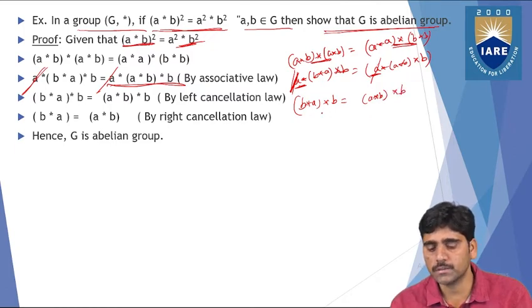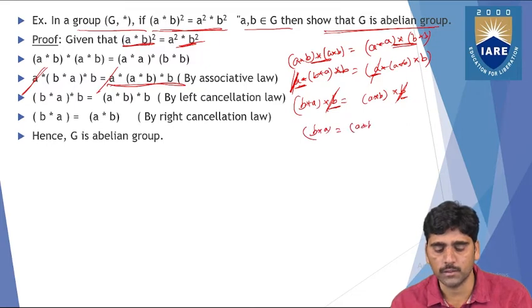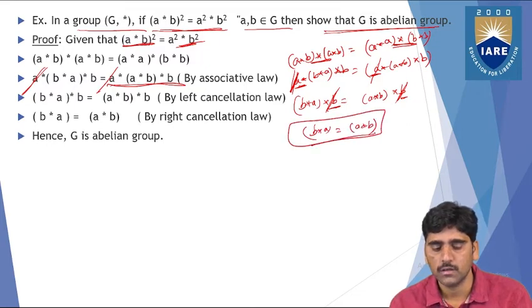From this expression, this b and this b are both equal, so you can cancel them as per the right cancellation law. Those two are cancelled, and the remaining value is b * a equals a * b.